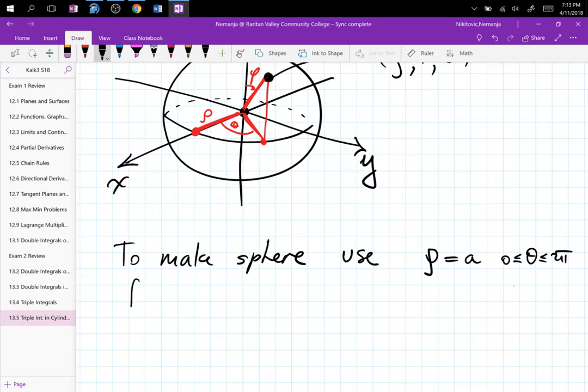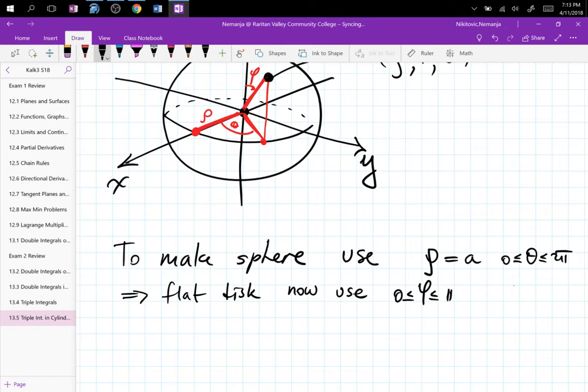And then all of that gives us a flat disk. And now use phi, that it's going to be between 0 and pi to flip the disk.